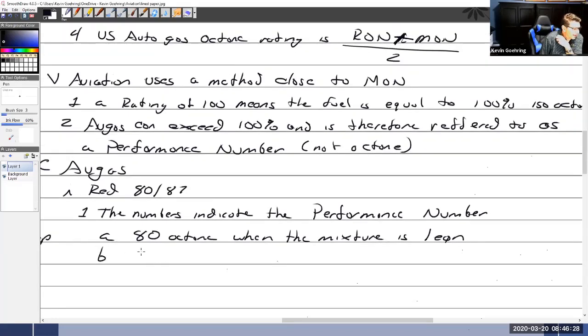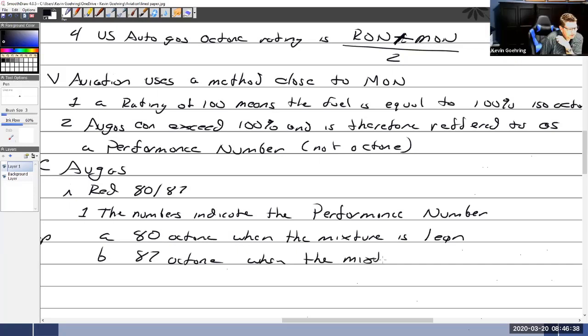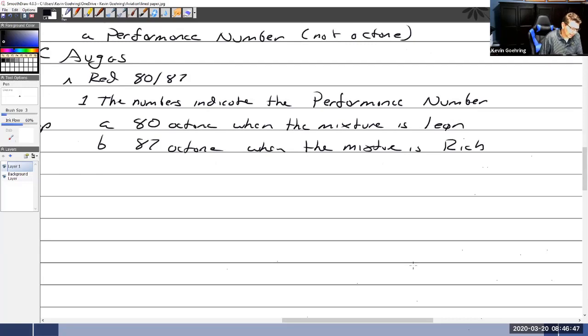All right. So that means the 87. So it acts like 87 octane when the mixture is rich, meaning more fuel than air. So that's why they call it that.